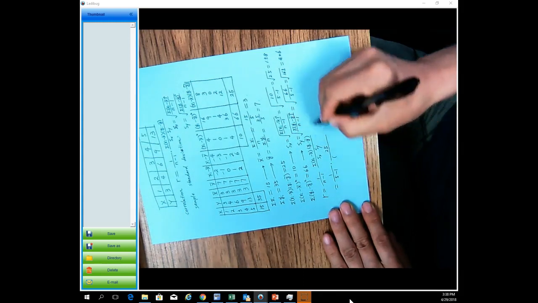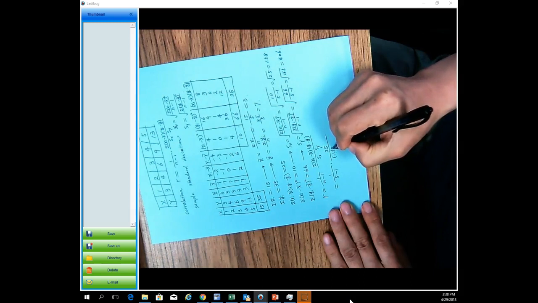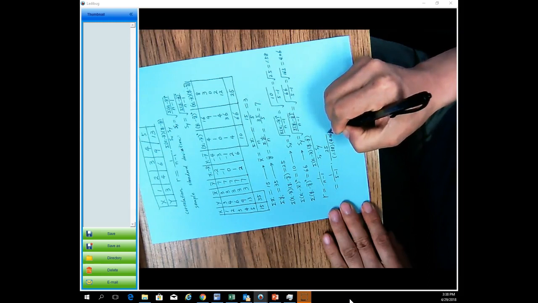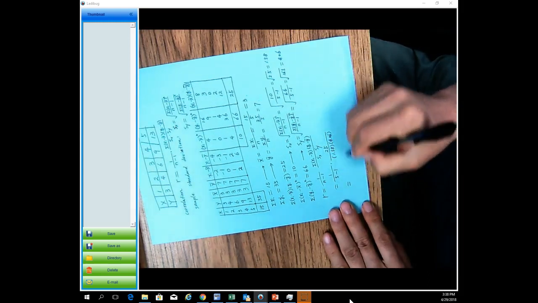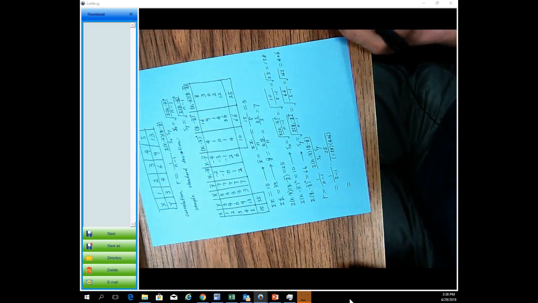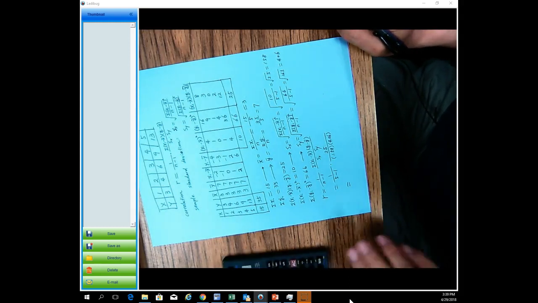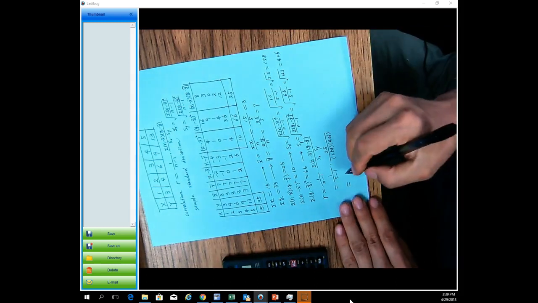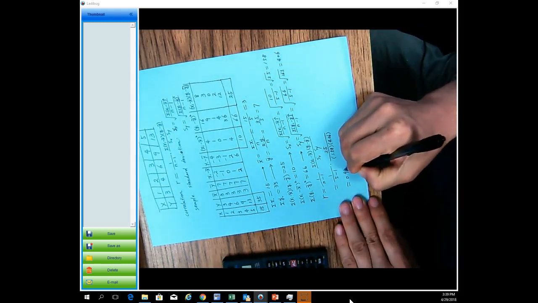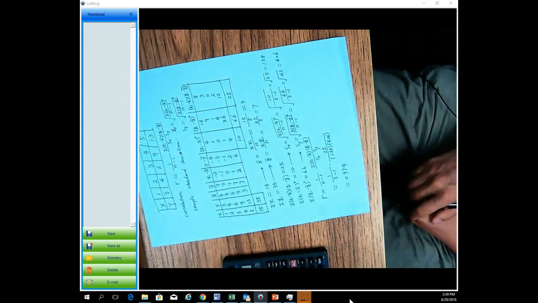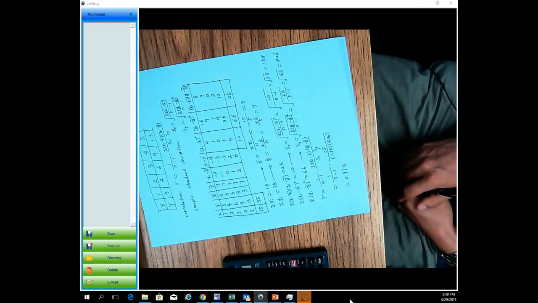On the bottom we have sx, which is 1.58, and sy, which is 4.06. So all we need is to calculate this. We can put it in the calculator, and I got 0.974. That's the correlation between the two variables x and y.